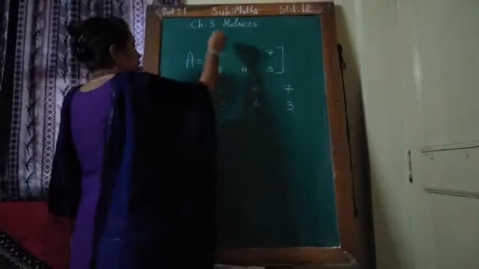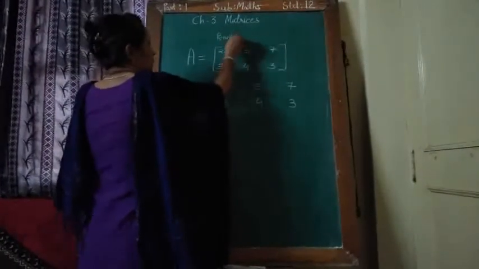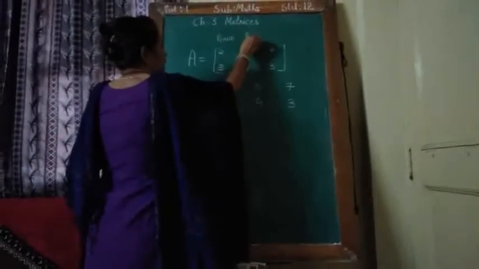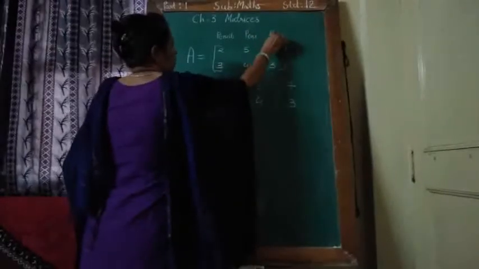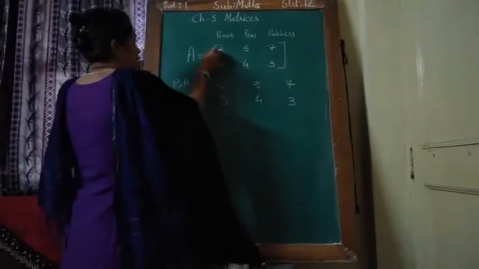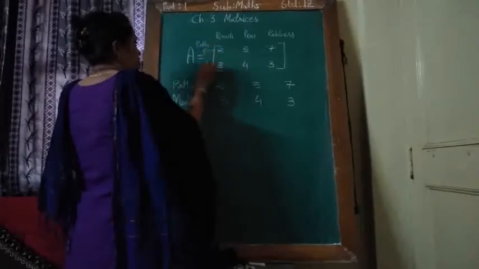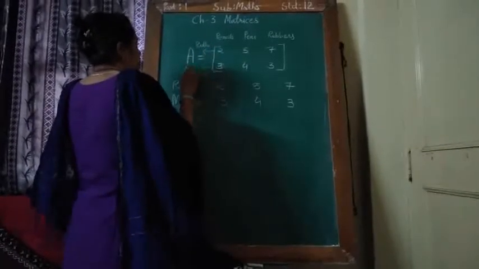Here suppose this column is for pencils, this column is for pens, and this column is for rubbers. And the first row is for Radha's information, the second row is for Madhav.